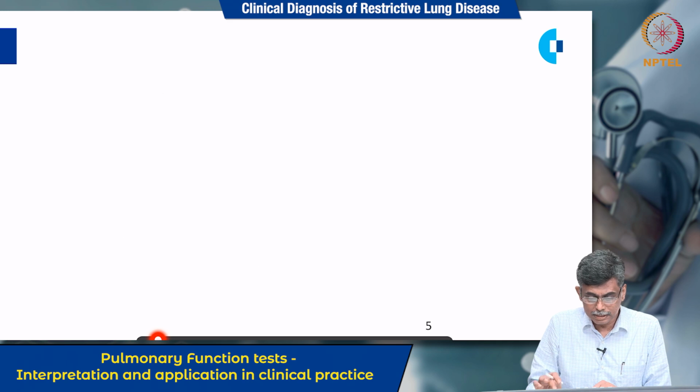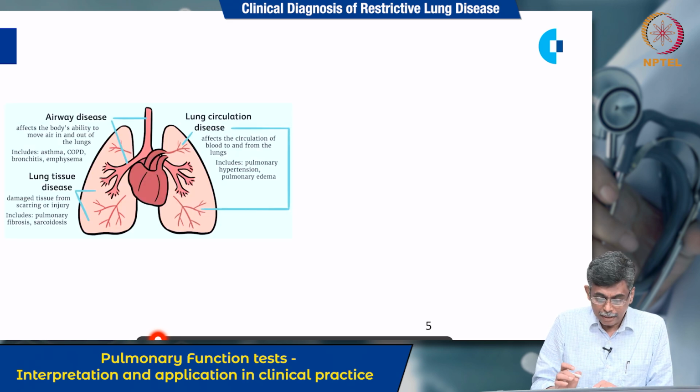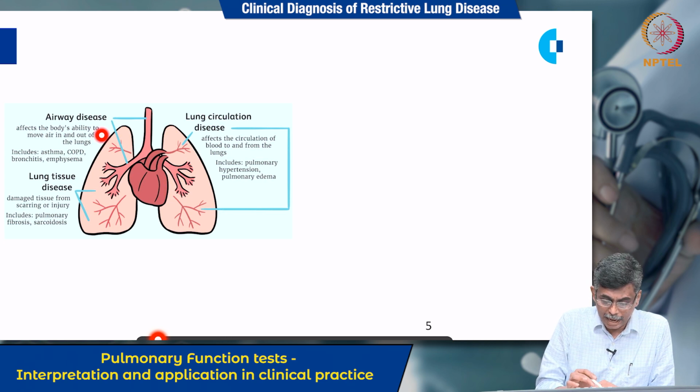Now, to understand this in a diagrammatic way, we can see that the respiratory diseases come under three categories. First is the airway disease. Here, in obstructive airway disease, the problem is in the airway.